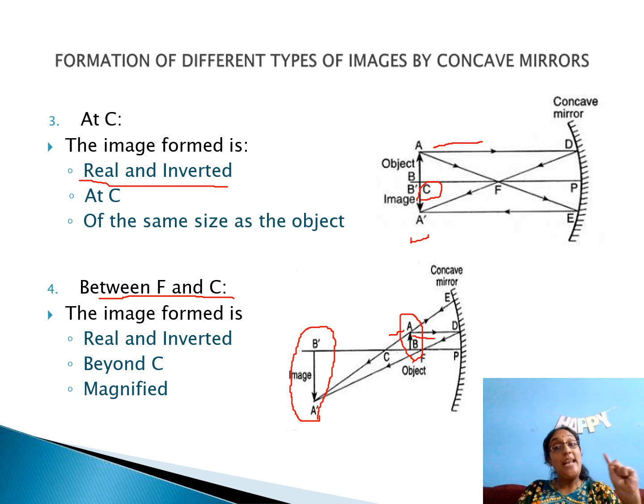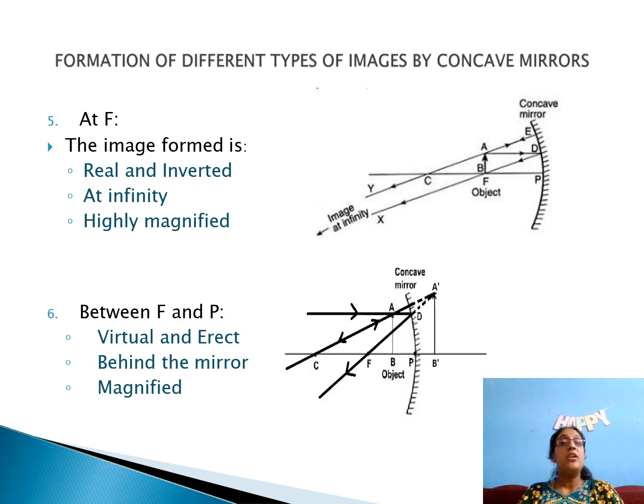In the second case, when you place the object behind C, you got the image between F and C. So when you keep the object between F and C, you are getting the image behind C. Got it? But in this case only, you will get a magnified image. That is your magnified image. So this is your case 4.